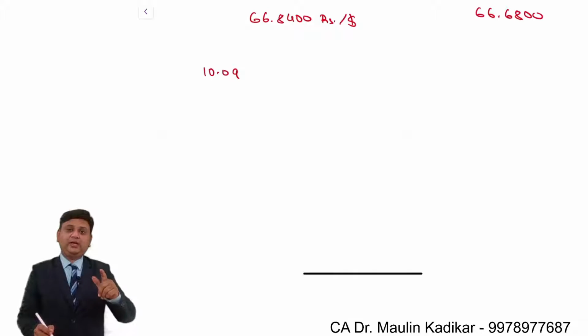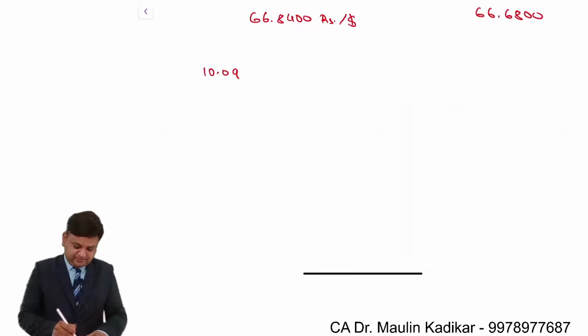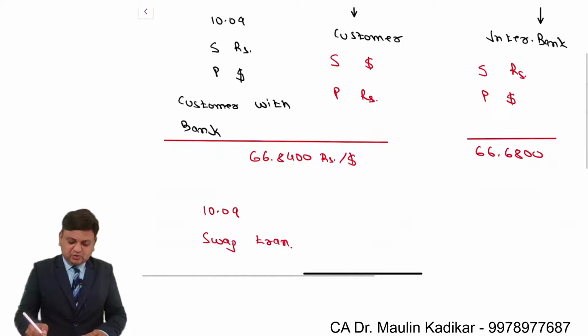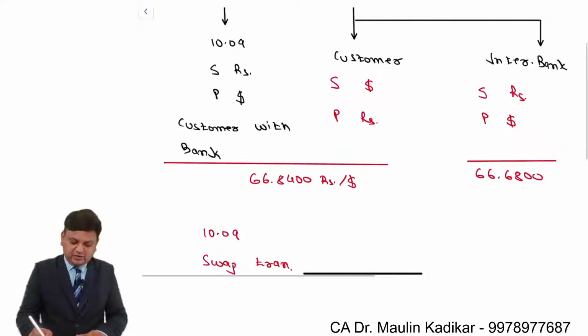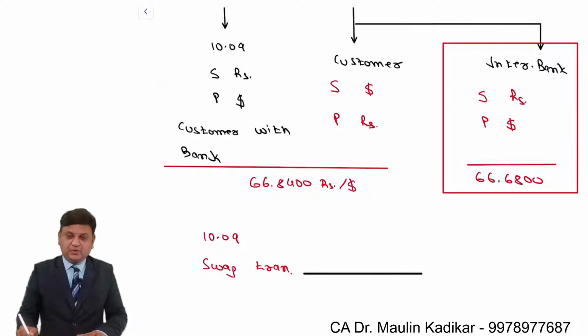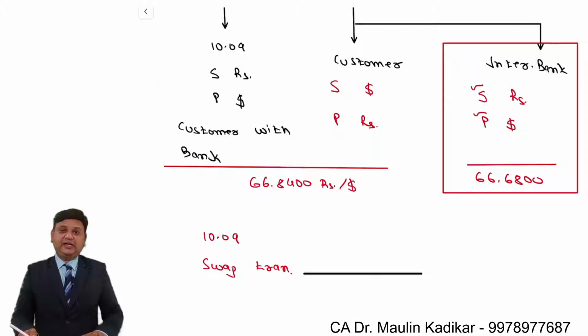The bank is required to enter into the swap transaction. The first one is to cancel the original forward contract which I had entered upon in the interbank market. It was for sell of rupees and purchase of dollar. That was the interbank transaction which I have to reverse.